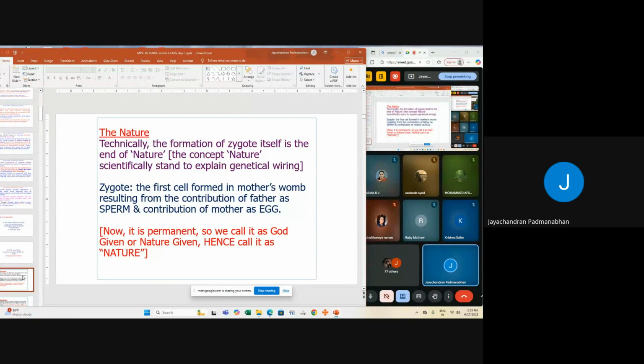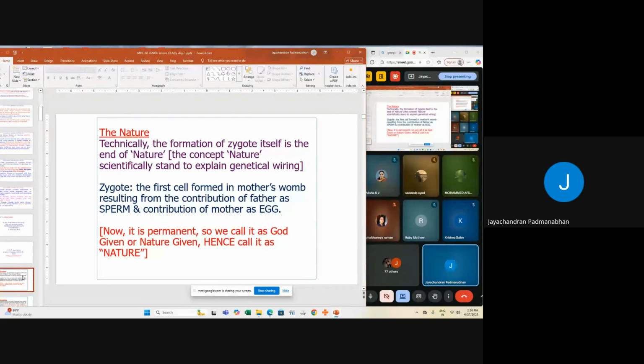So the nature, technically the formation of the zygote. I am asking a question and answering myself, because with 77 students or so, asking a question and getting an answer may not be possible. What is the first cell in the mother's womb? Very few may know that it is the zygote. That is the sperm contributed by the father and the egg contributed by the mother.